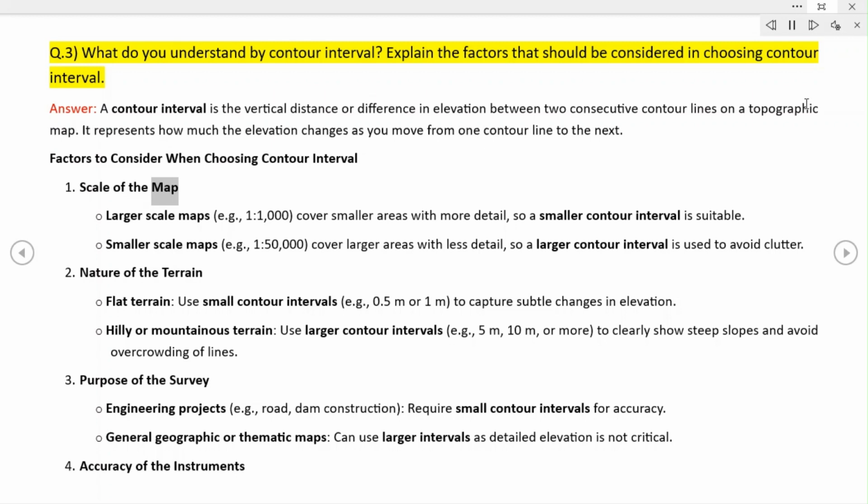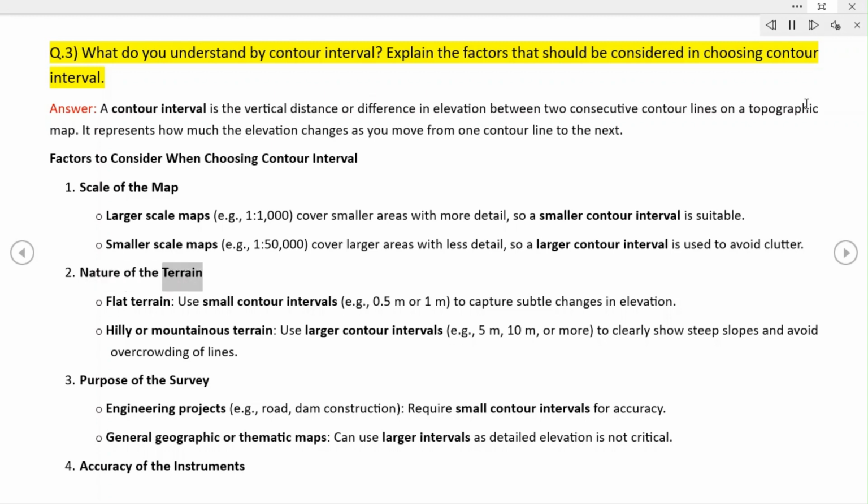Scale of the map. Larger scale maps, example 1:1,000, cover smaller areas with more detail, so a smaller contour interval is suitable. Smaller scale maps, example 1:50,000, cover larger areas with less detail, so a larger contour interval is used to avoid clutter.